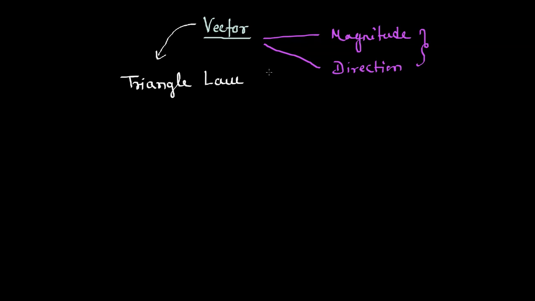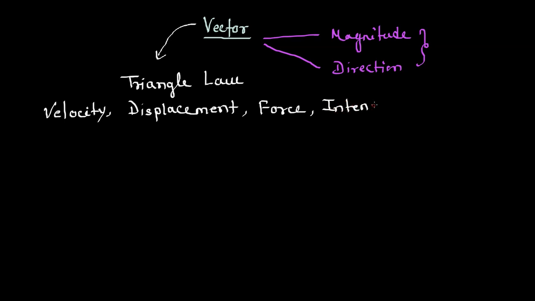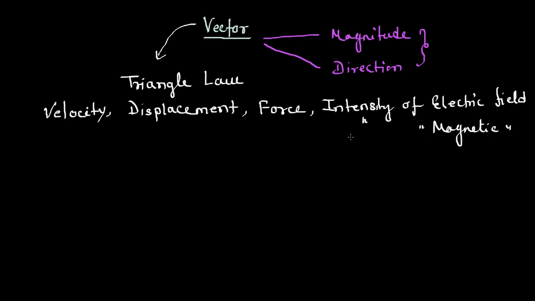Some examples of vector quantity: scalar quantity is speed and vector quantity is velocity, displacement, force, intensity of electric field, intensity of magnetic field will also come under vector quantity, then gravitational field will also come.